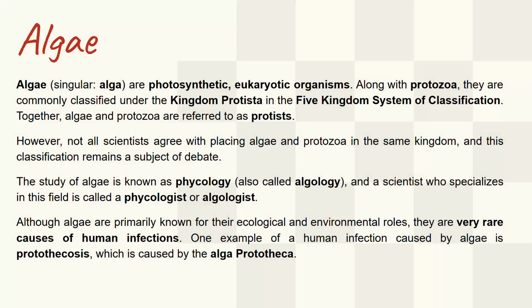Algae. Okay. Algae in singular is alga. So algae are photosynthetic eukaryotic organisms along with protozoa, another eukaryotic organism. They are commonly classified under the kingdom Protista in the five kingdom system of classification.